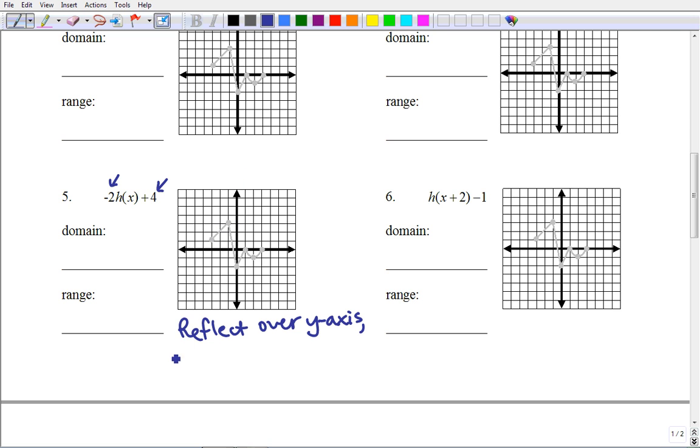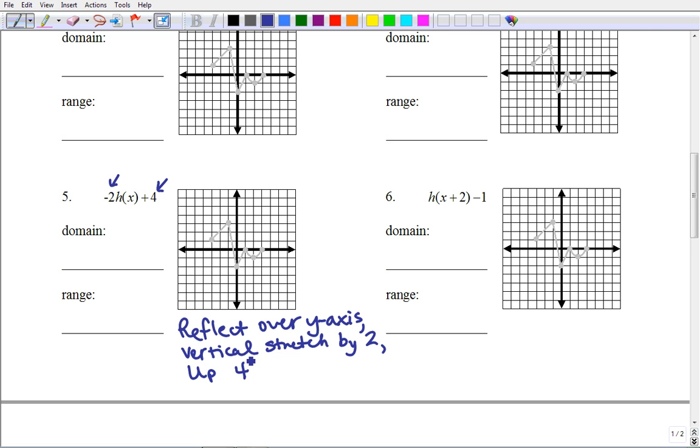It's going to make these y values bigger. So we're going to do a vertical stretch by a factor of 2, and then the +4 means we'll then move up 4.